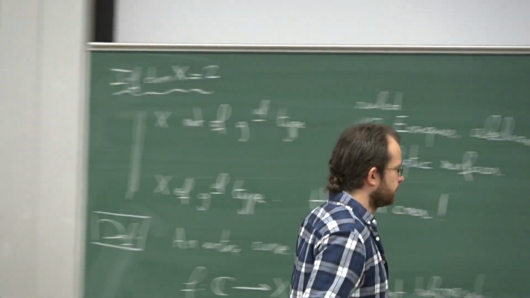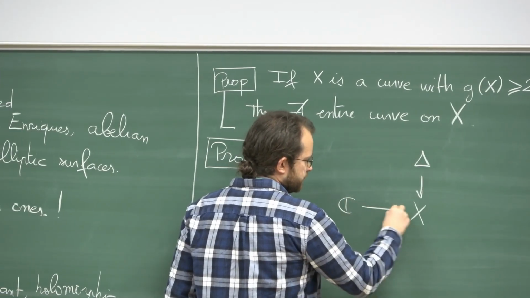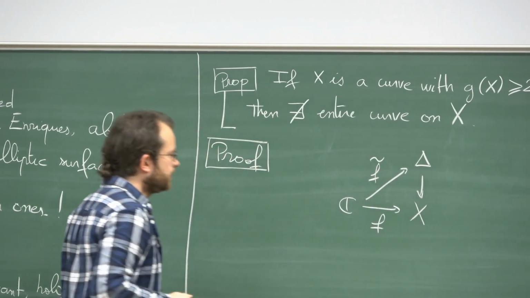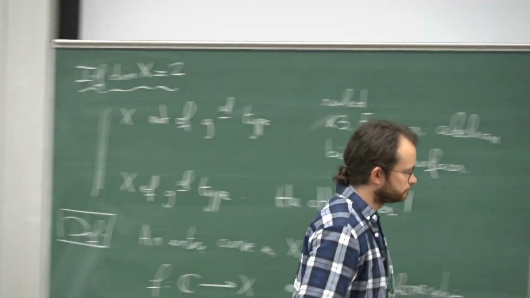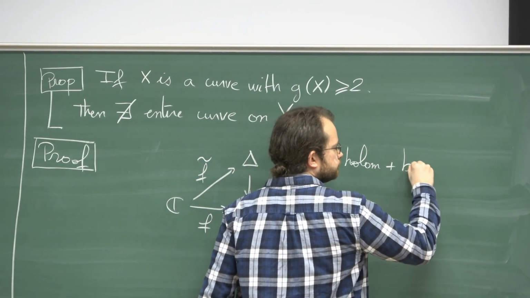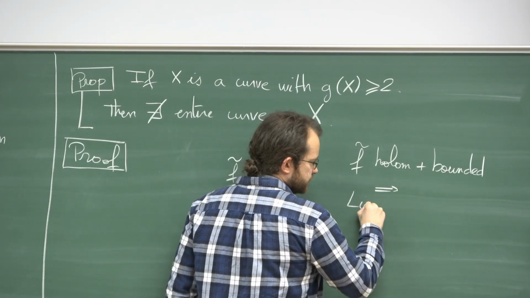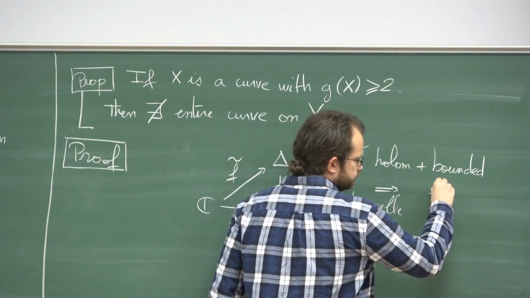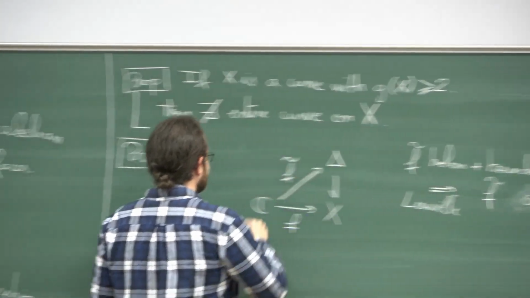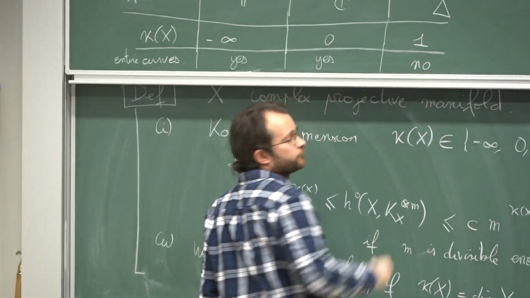You know that X is uniformized by the disk, and so any map from C to X will lift to the disk, giving you a holomorphic bounded map, which is constant by Liouville's theorem. So you cannot have any such non-constant map. So the answer here is no. There are no entire curves.